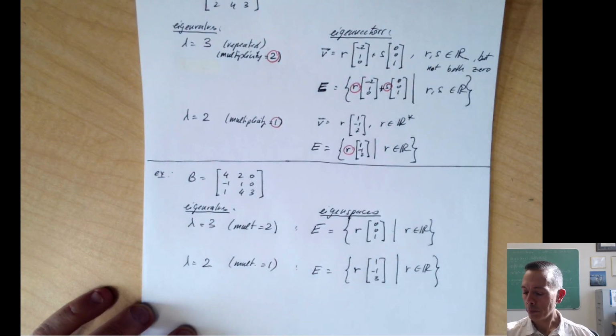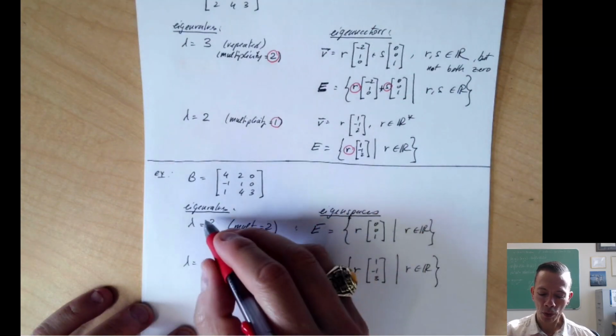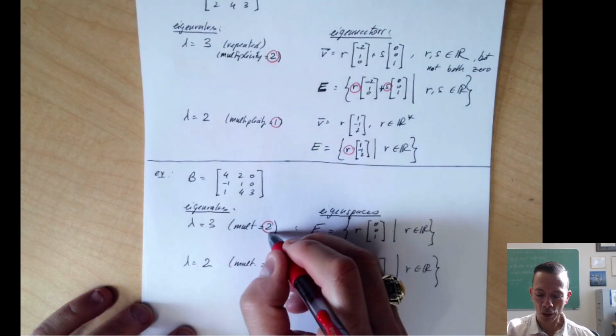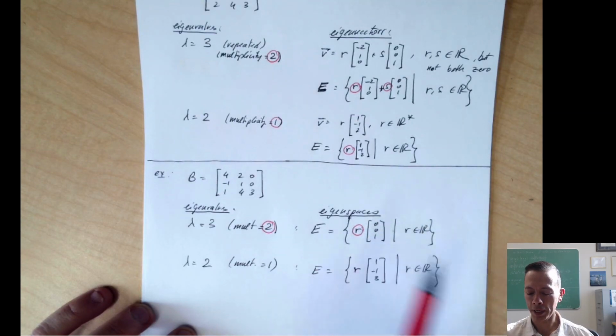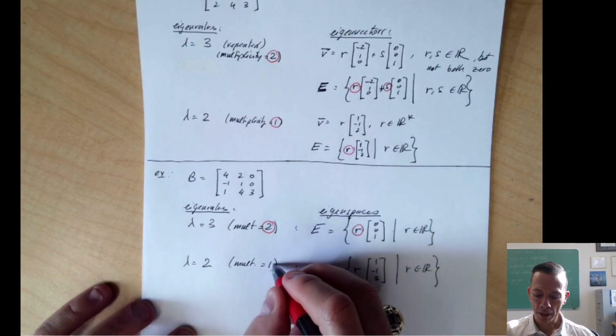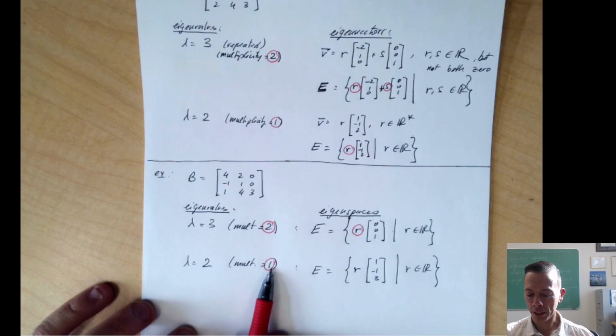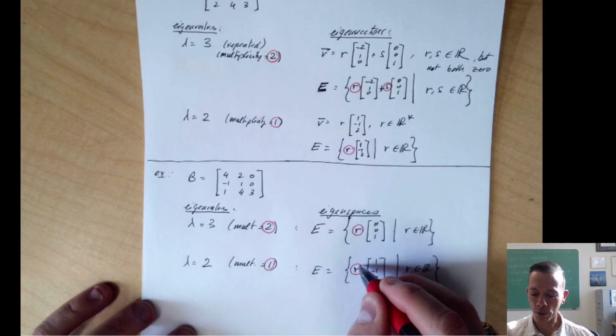So here we have a mismatch. Even though this eigenvalue 3 has multiplicity 2, we only have 1 free variable to build the eigenvectors. Here we still have multiplicity 1 and 1 degree of freedom.